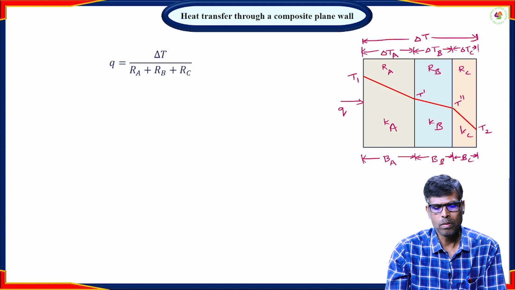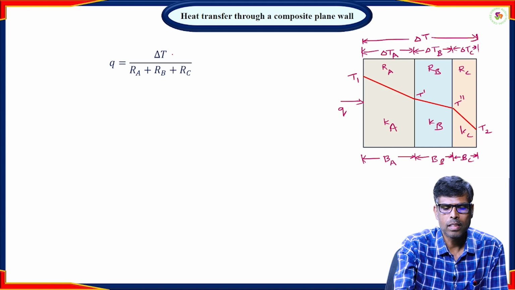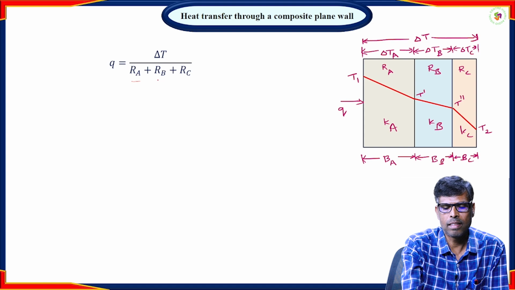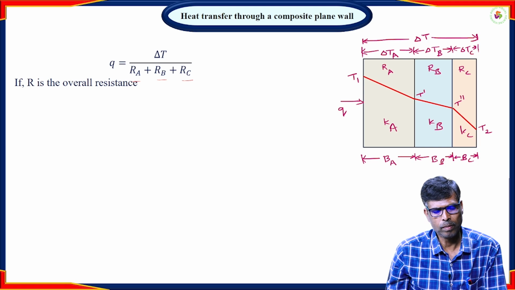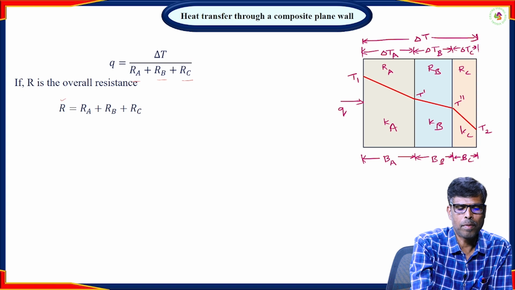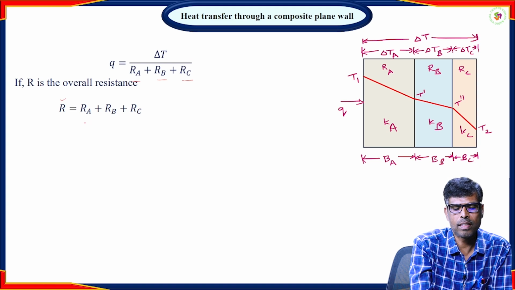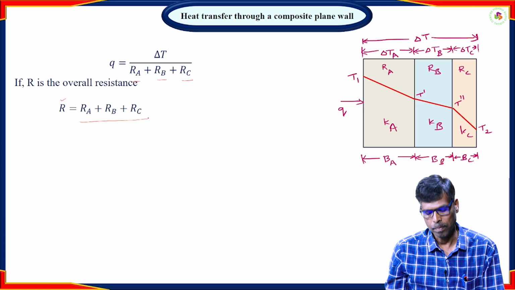From the above result, Q is equal to delta T divided by the sum of the individual resistances, that is RA plus RB plus RC. If we take capital R as the overall resistance, then capital R is equal to the sum of the individual resistances, RA plus RB plus RC.